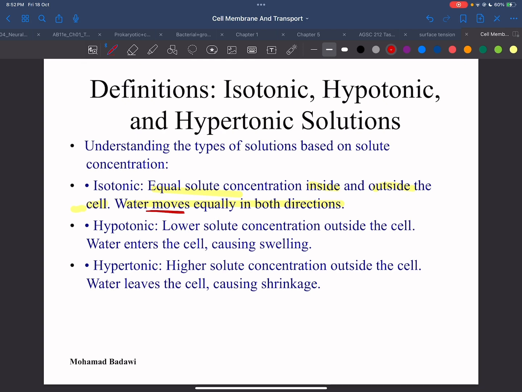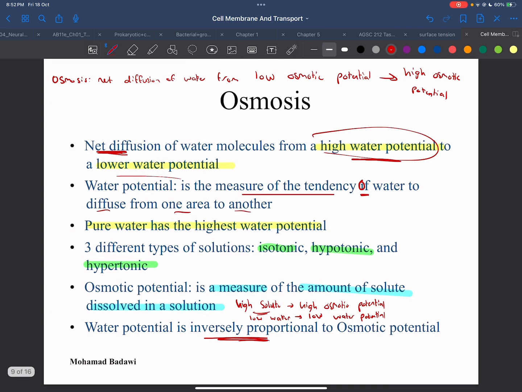Now what is a hypotonic solution? In a hypotonic solution, we have a lower solute concentration outside the cell. So if I have a low solute concentration outside the cell, water will enter the cell. Why? Because water moves from low osmotic potential or low solute concentration. Remember, osmotic potential is the measure of the amount of solute dissolved in a solution.